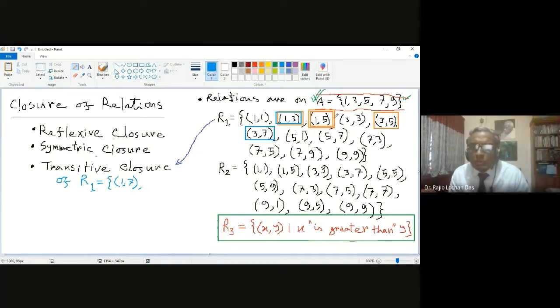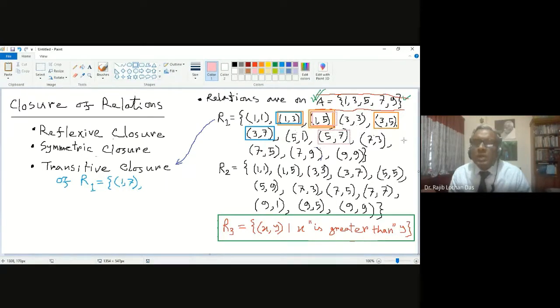Okay, fine. So (1,5), then (5,1) and (1,1) are fine already here. Then (1,5) and (5,7). Again the same thing coming. Say I am now talking about (1,5), and the second item is (5,7).